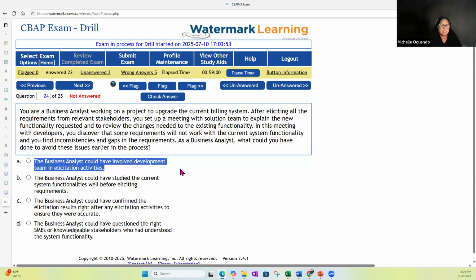I'm between C and D, because C is probably something I would do afterwards just to make sure I got everything right. But D, it says inconsistencies and gaps in the requirements, and the SMEs or knowledgeable stakeholders would understand what those gaps might be.